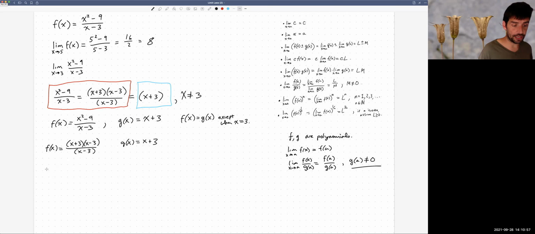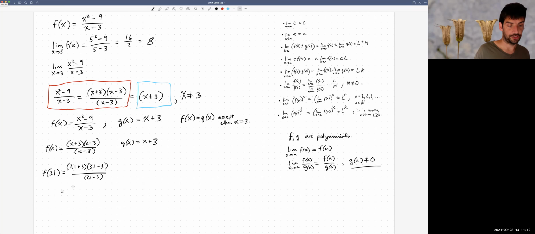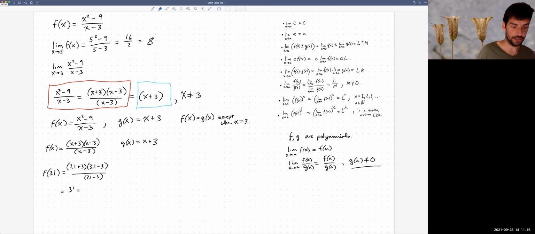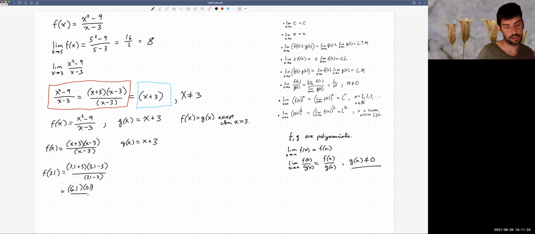Let's just notice, if I put in a number like f of 3.1, I get 3.1 plus 3 times 3.1 minus 3, over 3.1 minus 3, which is just 6.1 times 0.1 over 0.1.